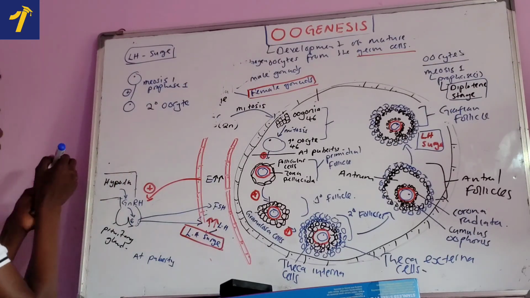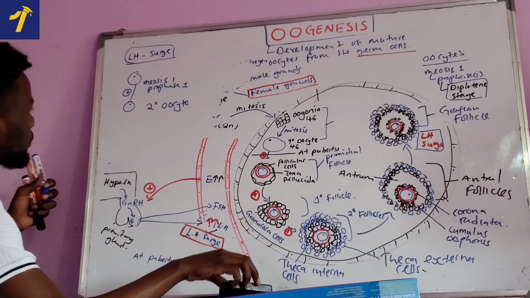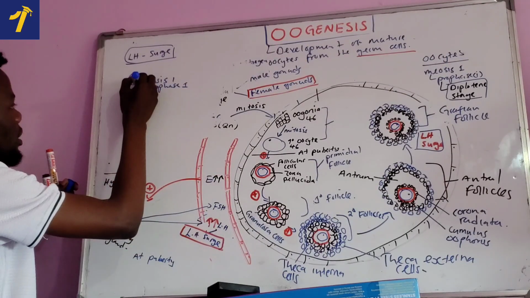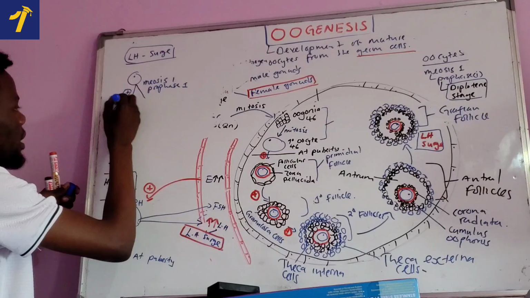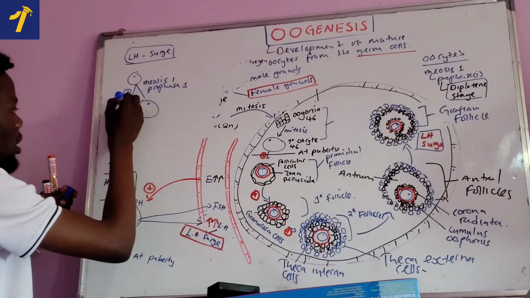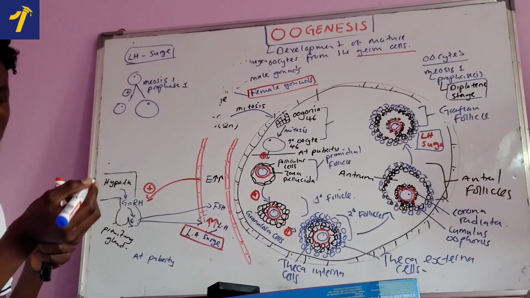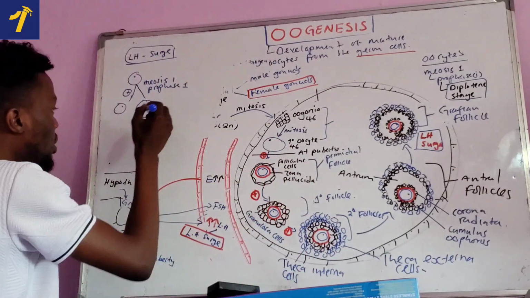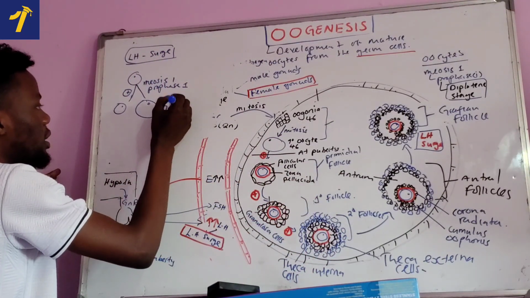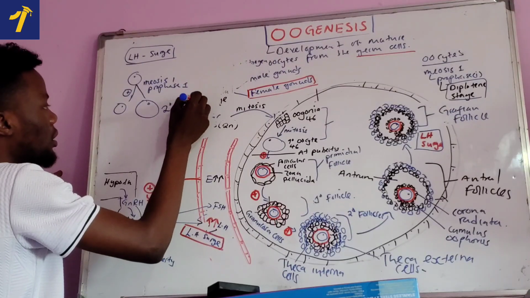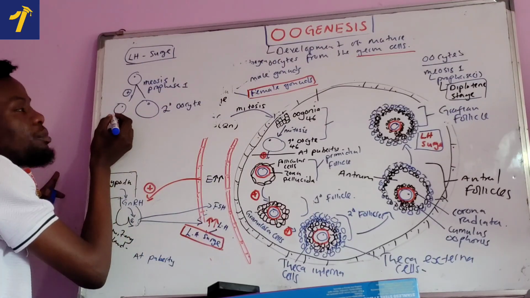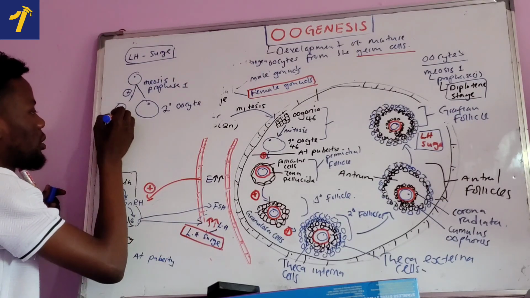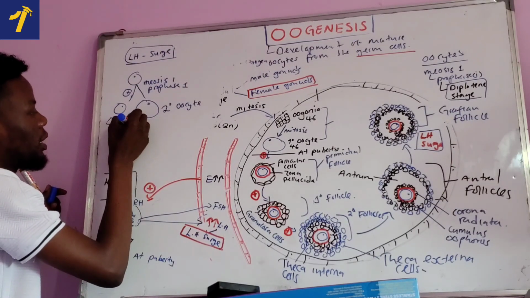And remember what we said, meiosis will produce two important cells. If a cell divides, we're going to have a large cell which we call the secondary oocyte, but with a smaller cell. The smaller cell we call the first polar body.